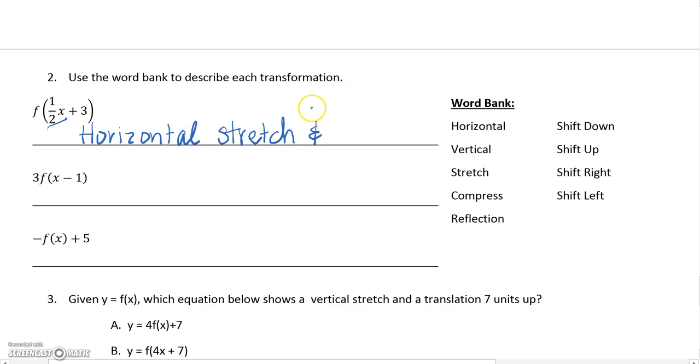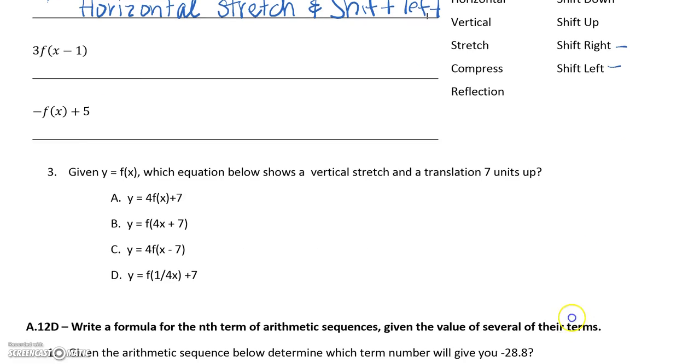But it also has +3, which means it's horizontal, so it's either going to be left or right. And since it's plus, horizontal is always the opposite, and so plus actually means go to the left, so it's a shift left. So on the second 2, use the board and figure out which words go in the blanks.